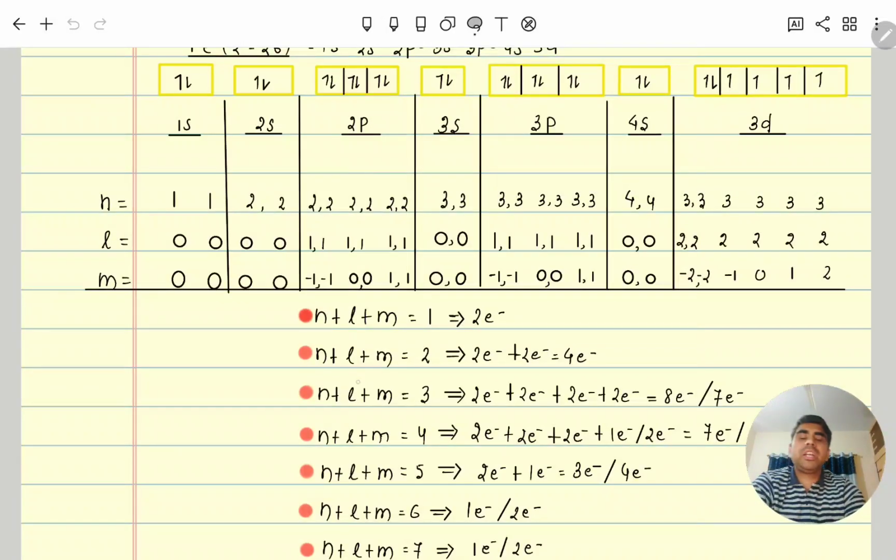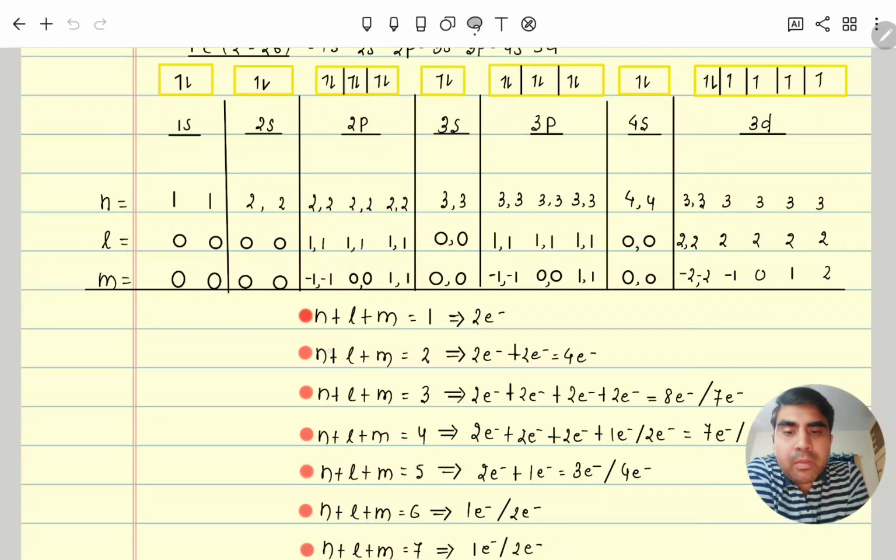Now we will calculate how many electrons have n plus l plus m equal to 1. That is 1 plus 0 plus 0, which is 1. So these 2 electrons have 1, and the remaining do not. Total 2 electrons.